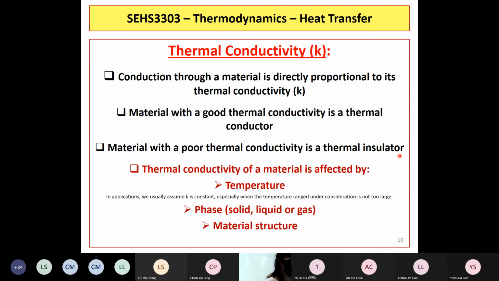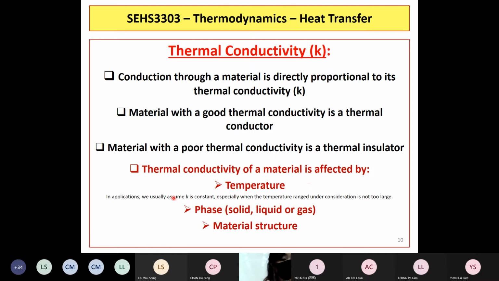The thermal conductivity of a material depends on several properties. It is affected by the temperature, phase, and structure of the material. I don't want to talk too much about it, but I need to remind you that in real applications, we usually assume K is constant, especially when the temperature range under consideration is not too large.